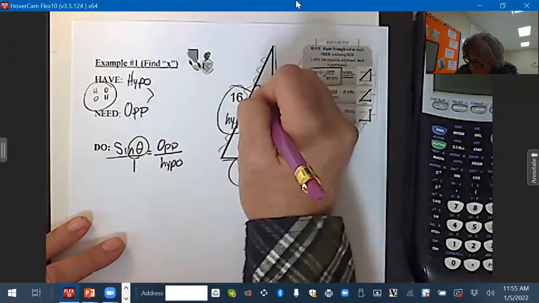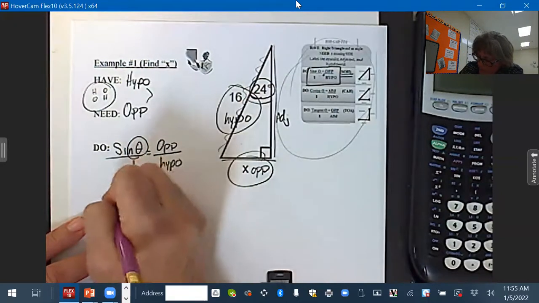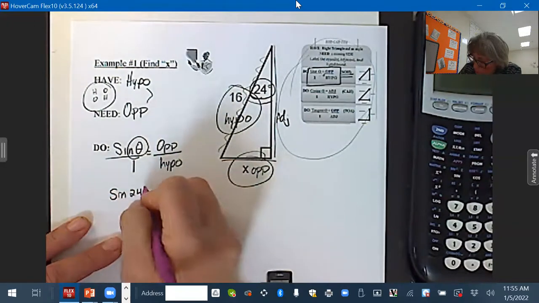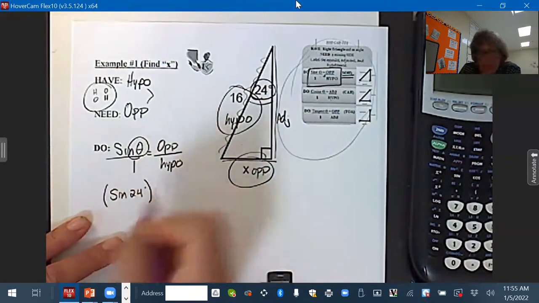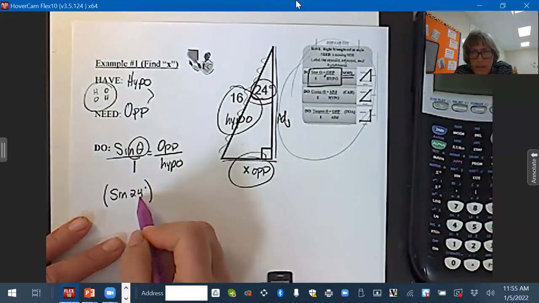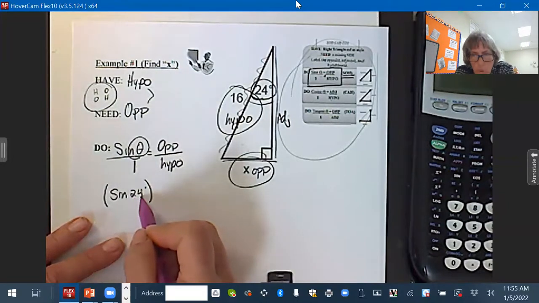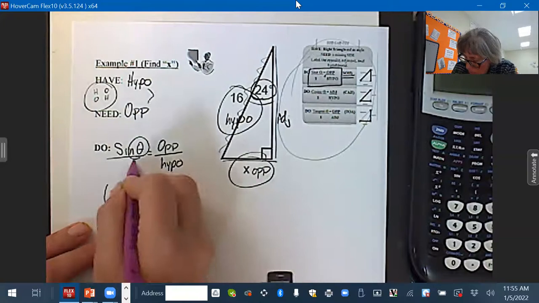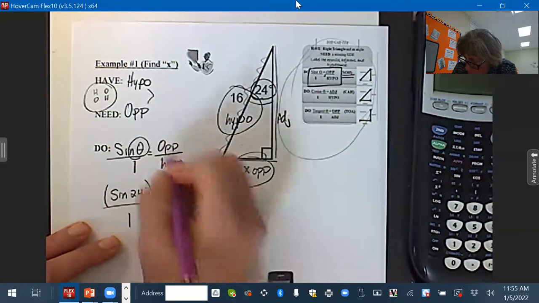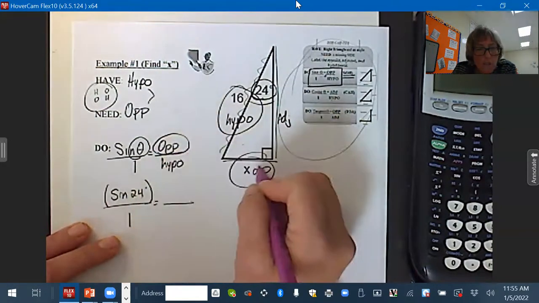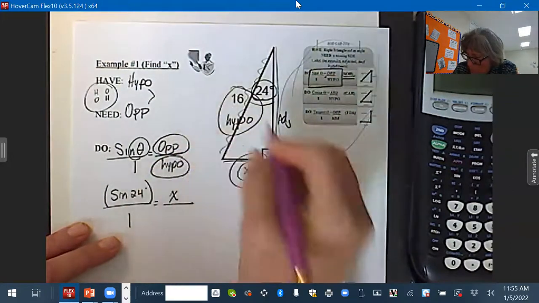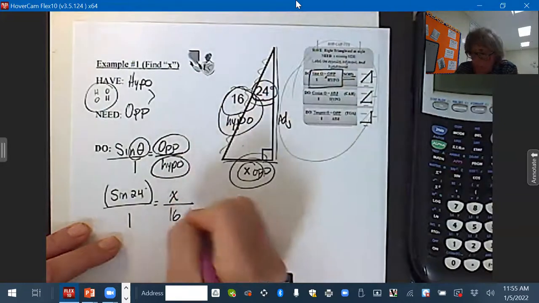Sine of 24. Put parentheses around this entire entity. This is super important: this is not 24, it's the sine of 24. I'll explain how to find that in just a second. Over 1 equals circle opposite, which is x. Circle hypo. Our hypo is 16.